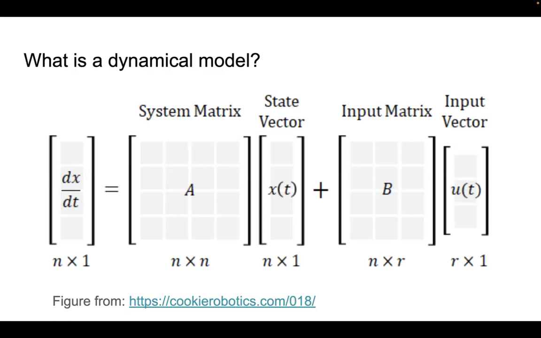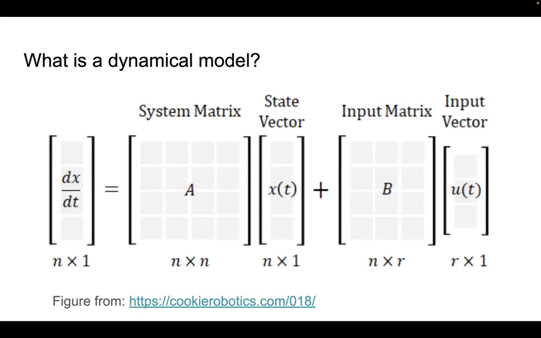If this is an identity matrix, with all ones on the diagonal, it's just going to be a straight line, because x(t+1) is going to be the exact same as x(t).